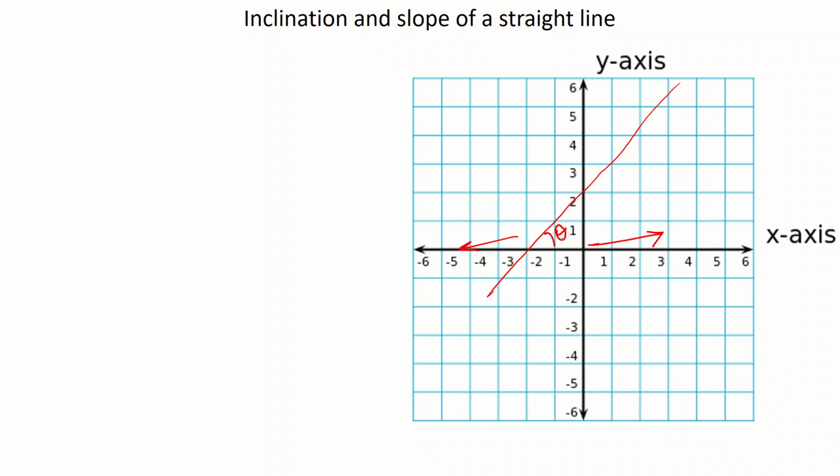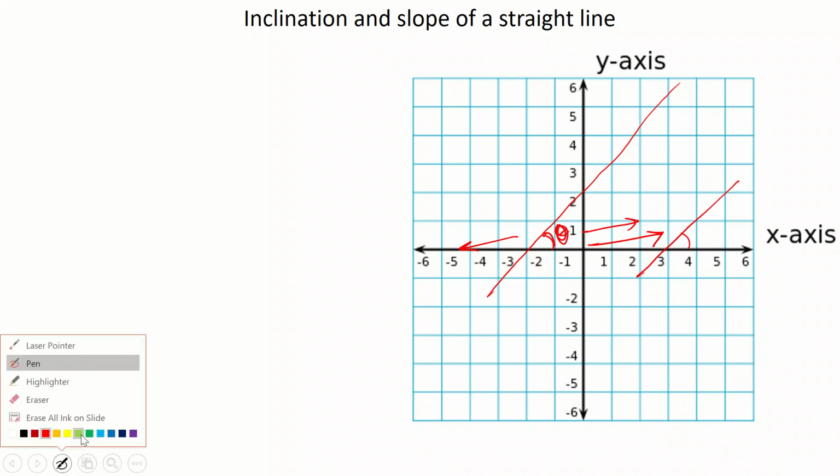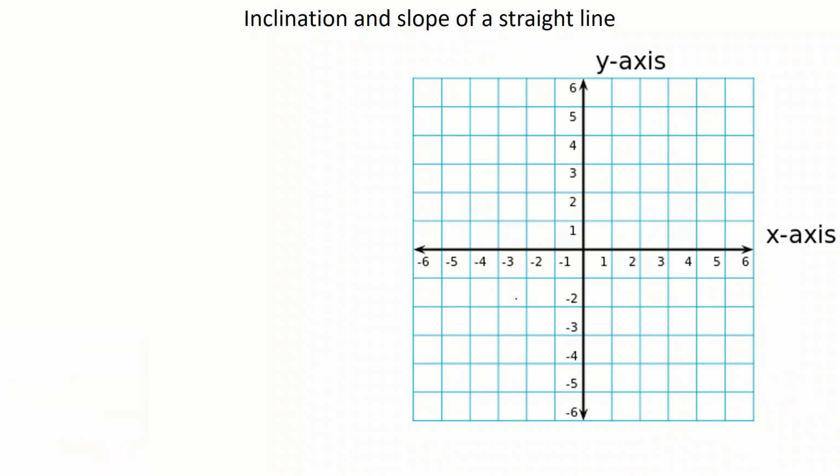Just because the angle which this line makes with this direction of the x-axis is theta, theta is my inclination over here. So suppose that I have a line that makes an angle of 45 degree or 60 degree, whatever, then that becomes the inclination of the line. Alright, so let's assume that in our case the inclination is theta.